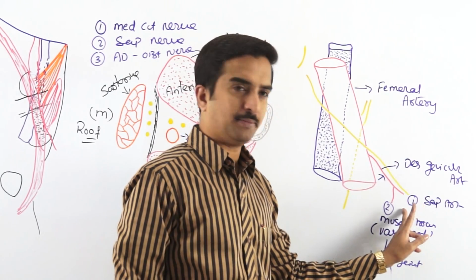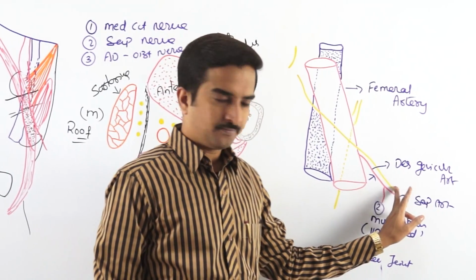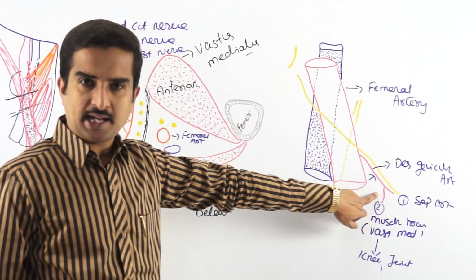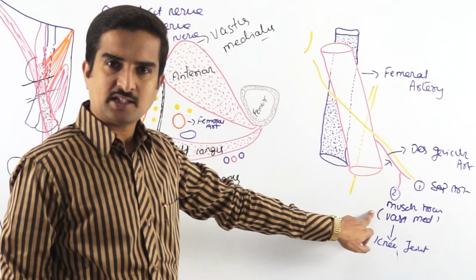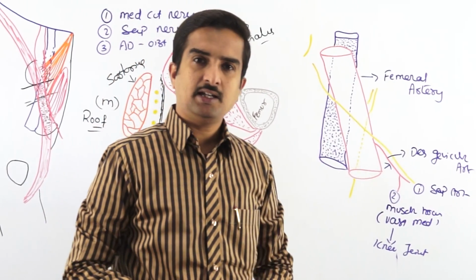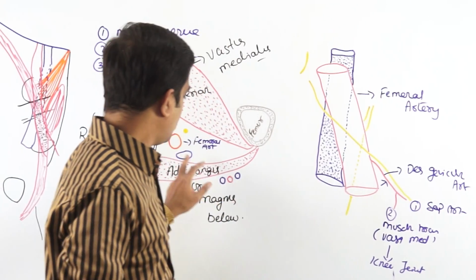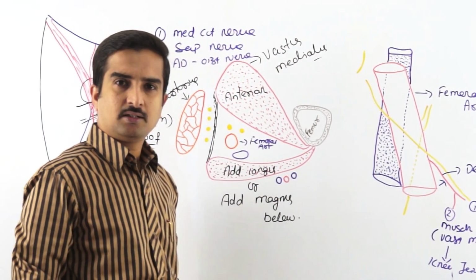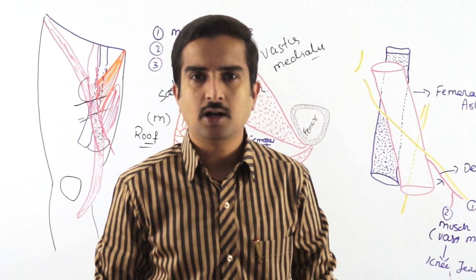One is the superficial branch called the saphenous artery, which accompanies the saphenous nerve. Another one is the deep branch called the muscular branch, which pierces vastus medialis. After piercing vastus medialis, finally it terminates by supplying the knee joint. So we studied the first content of the adductor canal, the femoral artery.